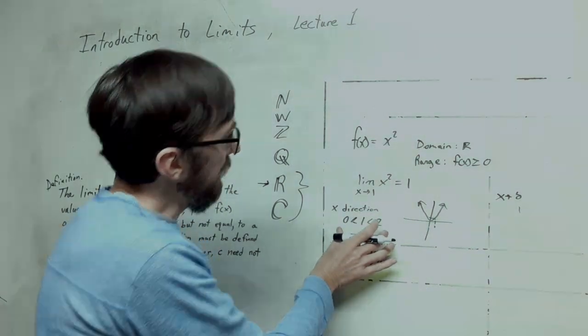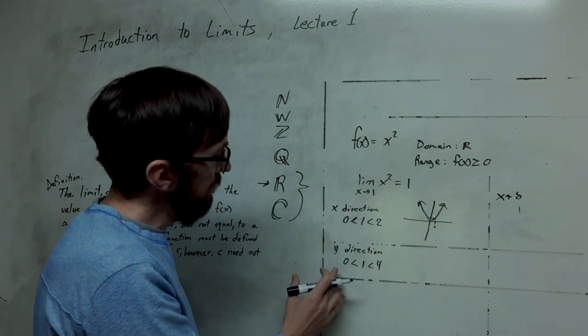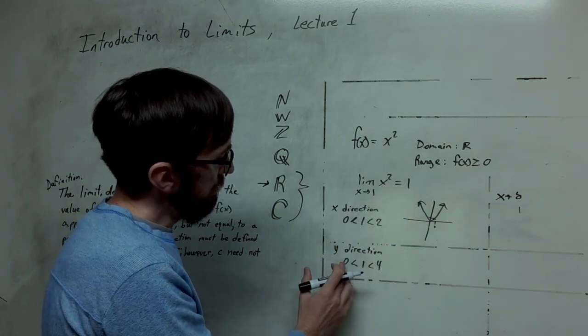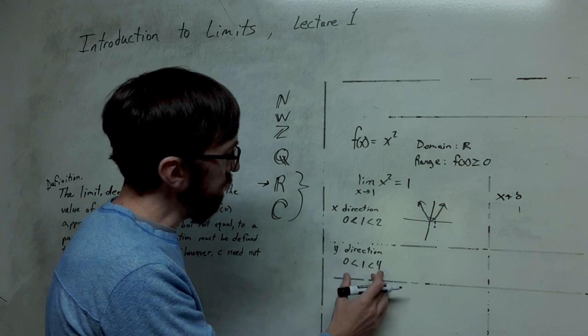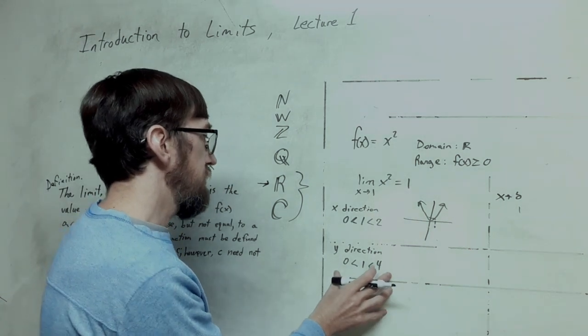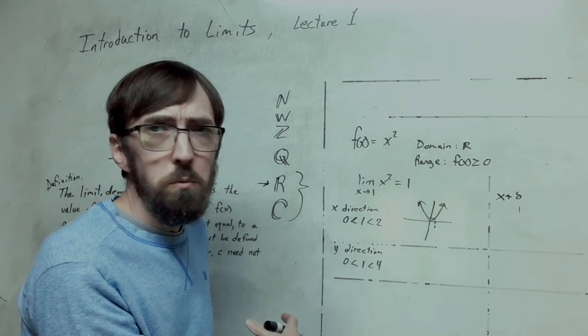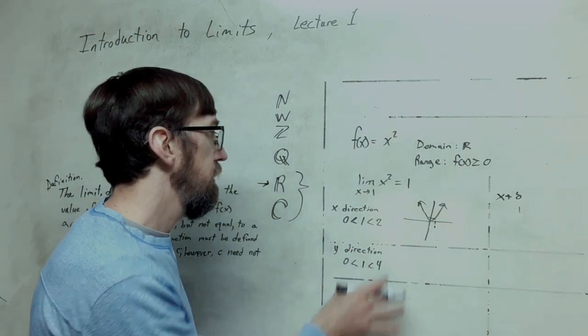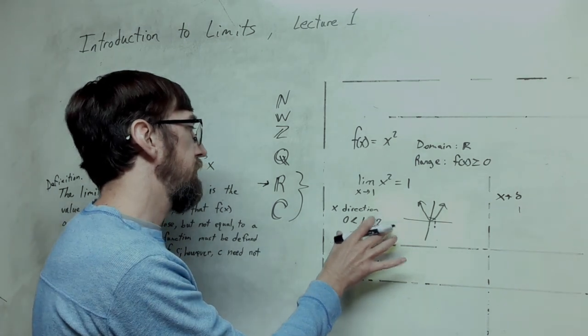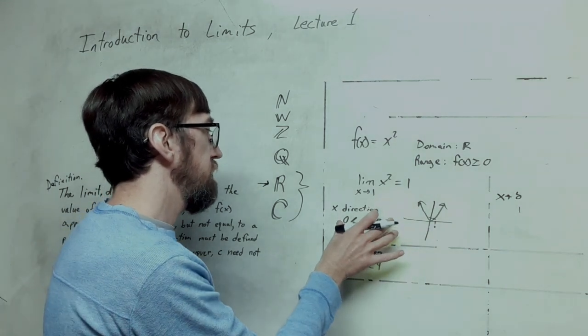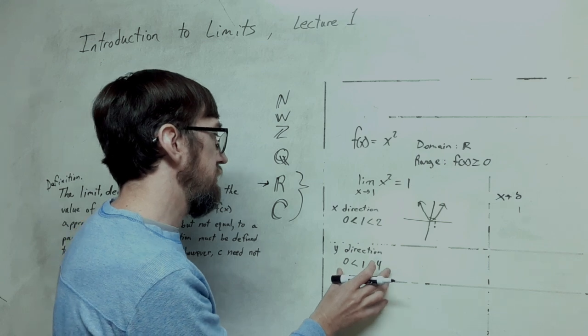And as I plug those values into the function, I'm looking at values between 0 and 4 in the y direction. So this interval appears to be a little bigger than this interval, but all of these values will map into values in here.